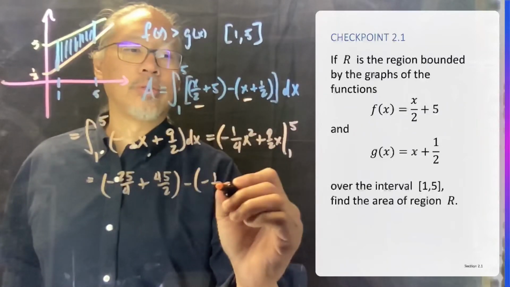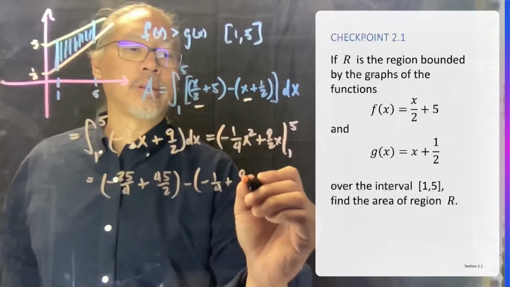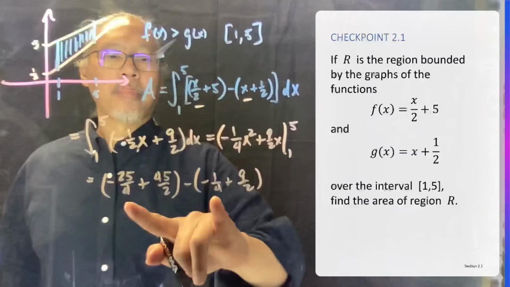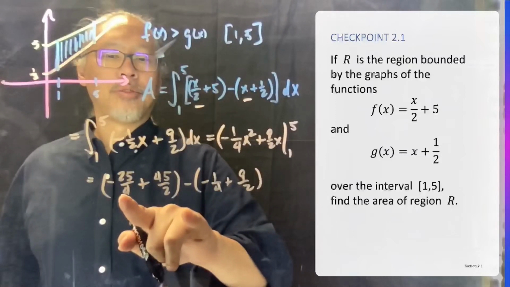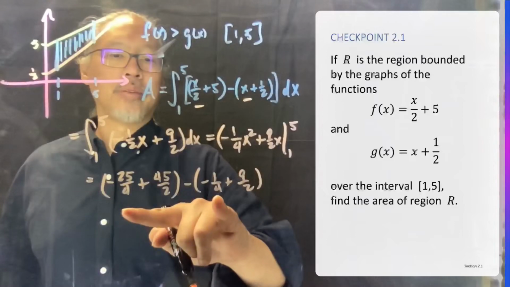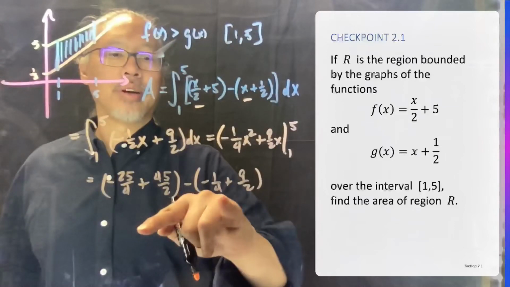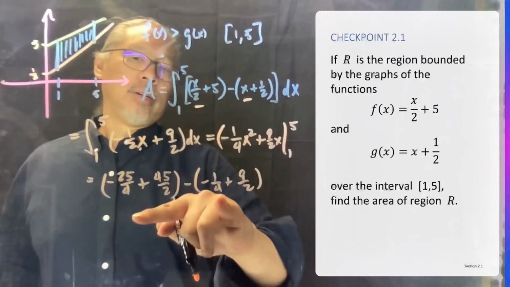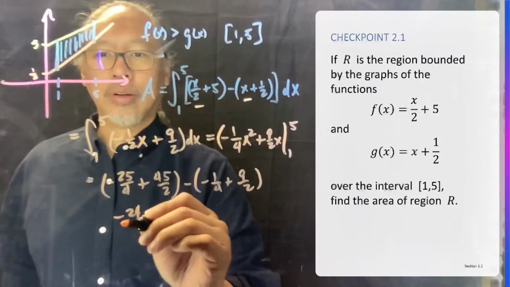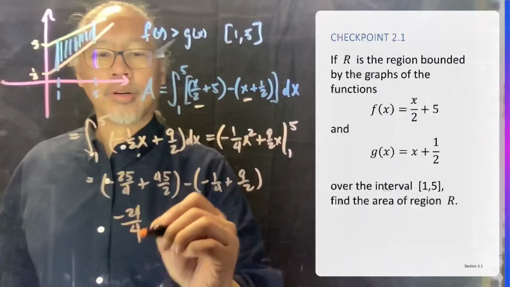So that's negative 1/4 plus 9/2. And we'll do some combining. I have a 25 minus 1 all divided by 4. Oops, this is a plus, so 25 plus 1. Negative 25 plus 1, so that's negative 24 over 4.